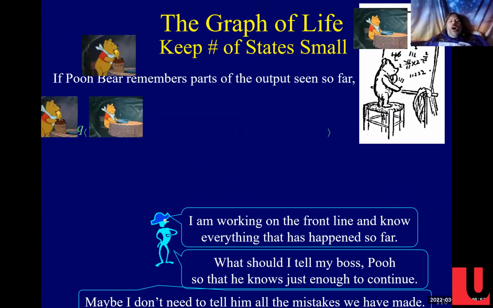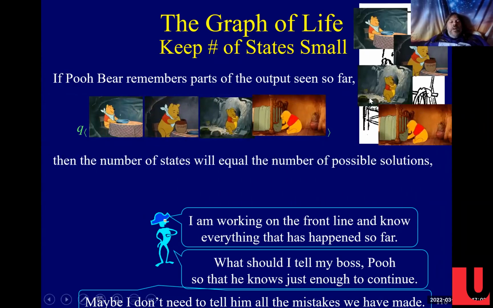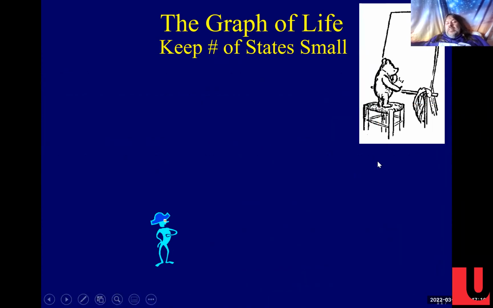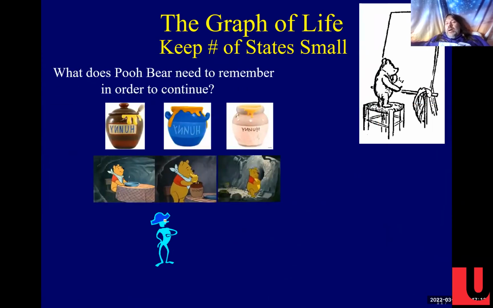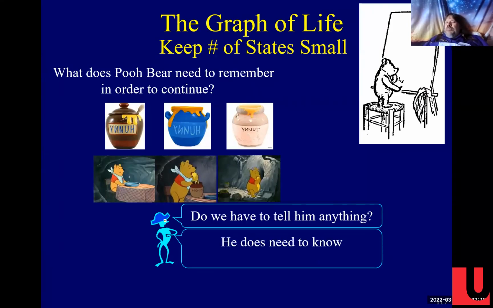You could also remember all the decisions you've made, on your blackboard, but then the number of states is equal to the number of possible solutions, and that's too big. So what's the minimal we need to remember, especially if we want a sense of time?